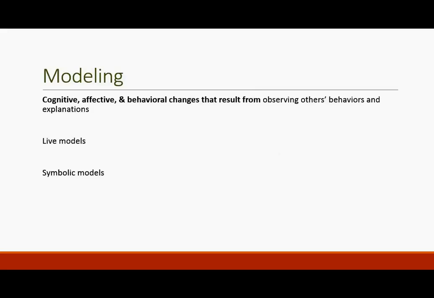We often have live models, people showing us, teachers, coaches, people on television, and then there are symbolic models, people or even things we look up to, maybe a cartoon character, Superman, somebody that may not actually be doing the tasks that we're doing, but has shown resilience, has shown persistence, has shown that they will do everything they have in them to be successful. And these symbolic models can also be motivating.